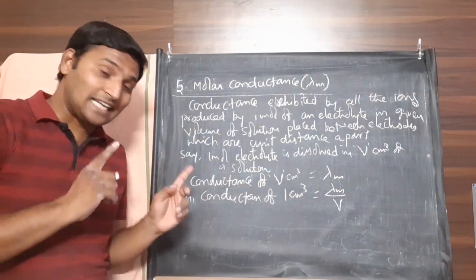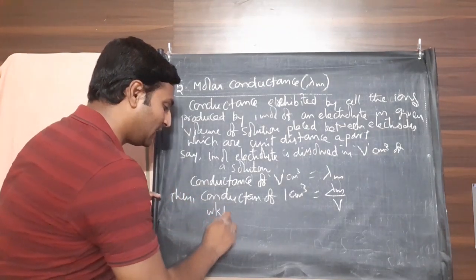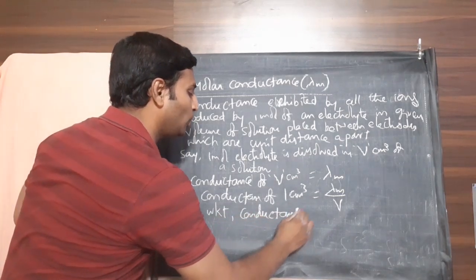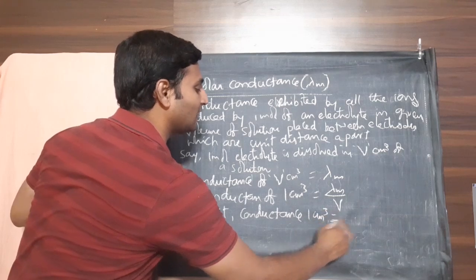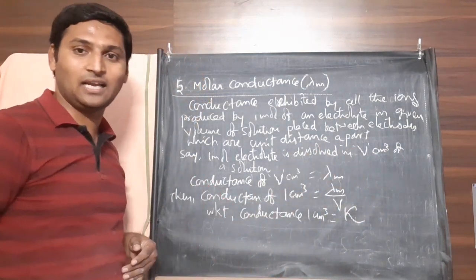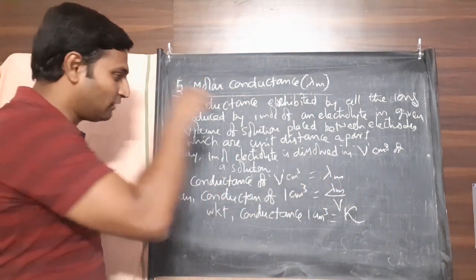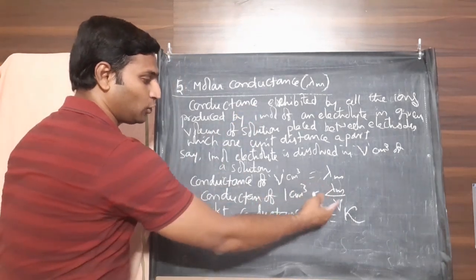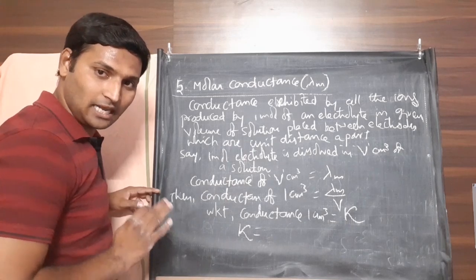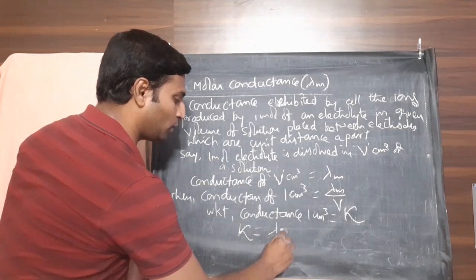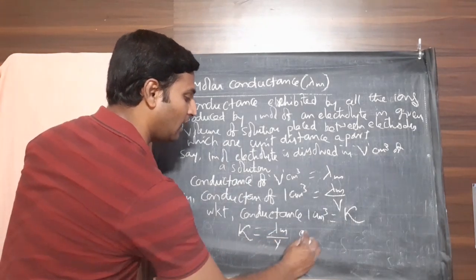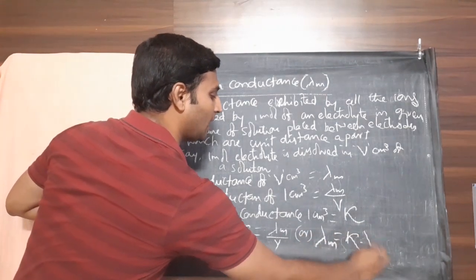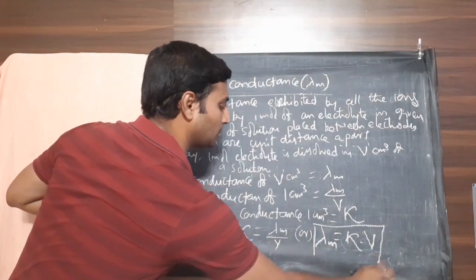Now, just now we understood that conductance of unit volume is nothing but kappa, conductivity or specific conductance. Therefore, I can write kappa is equal to conductance of 1 centimeter cube, which is lambda m by V, as we have established. So, kappa is equal to lambda m by V, or lambda m is equal to kappa into V.